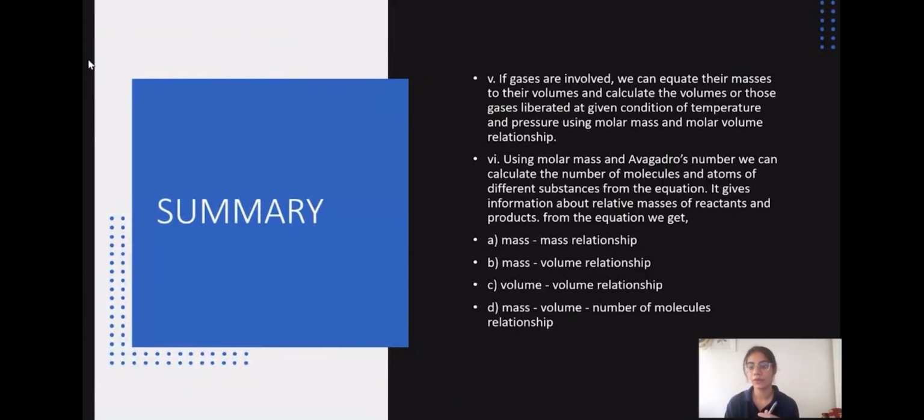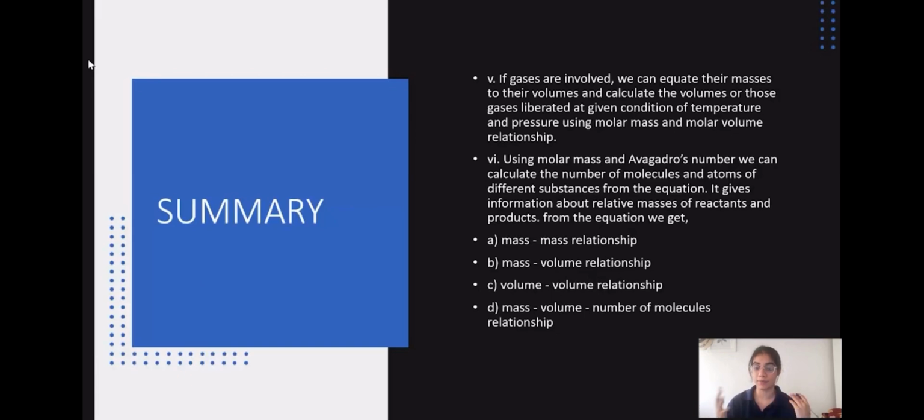Now, if gases are evolved, we can equate their masses to volumes and calculate the volumes of those gases that were liberated. Okay, next, using molar masses and Avogadro's number, as we know 1 mole of any substance contains 6.02 into 10 to power 23 molecules, we can calculate the number of molecules or atoms of different substances from a balanced chemical equation. It will give you information about relative masses of reactants and products.